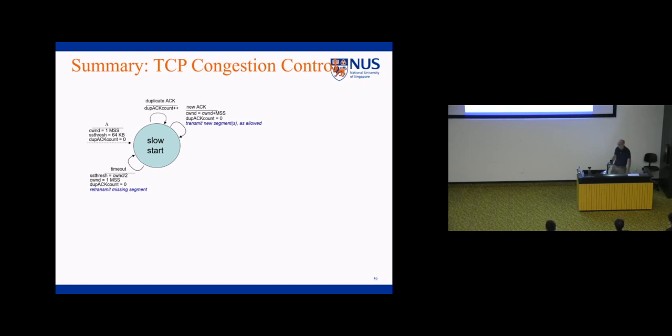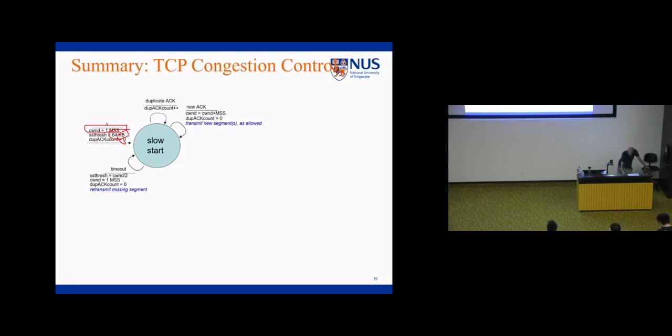And if you look at the actual details, it's a little bit more complicated, and there are various other things. So for example, when you're in slow start, these are the things you do. Initially, you will start off with a window of 1. And let's say you pick some value for the slow start SS thresh. You also keep track of how many duplicate acknowledgements you have received so far.